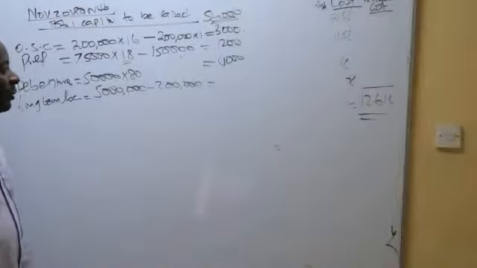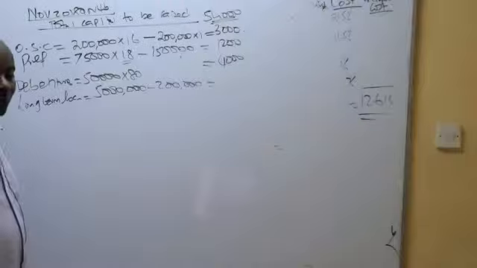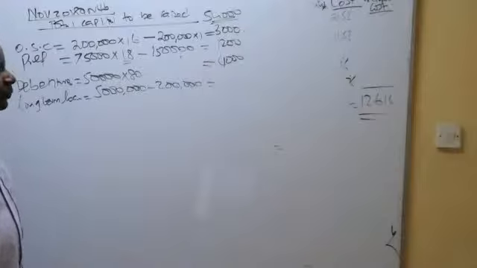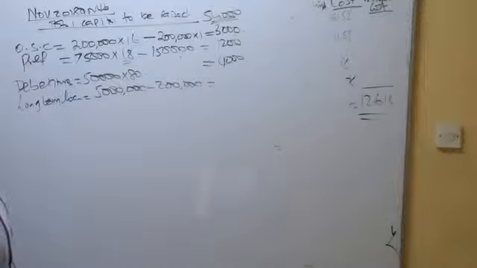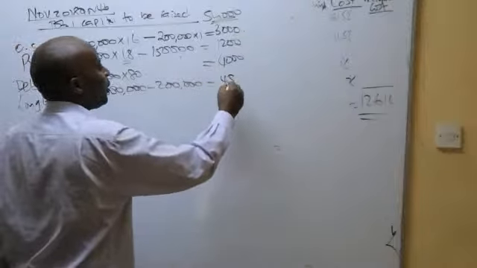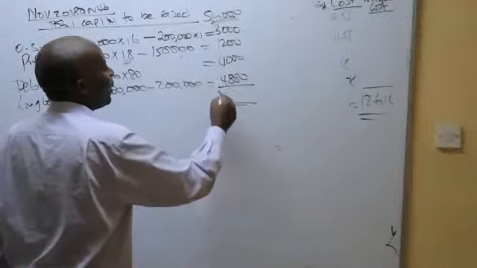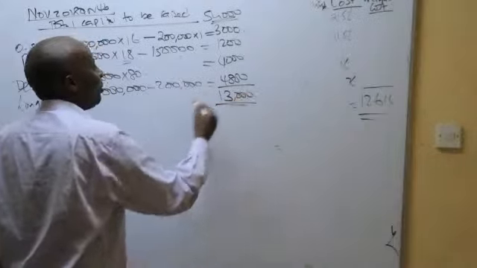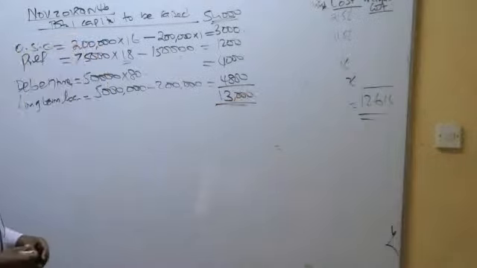How about the long-term loan? The long-term loan, I'm being told, is 4,800. So please come and add. And according to Bwana Atho, we should be able to get 13,000 in terms of shillings thousands.